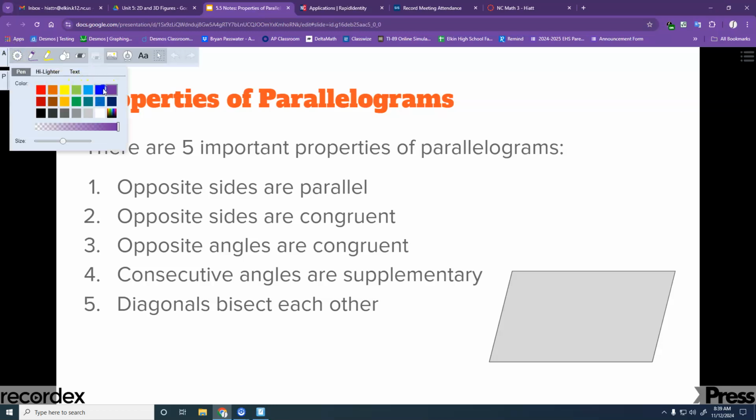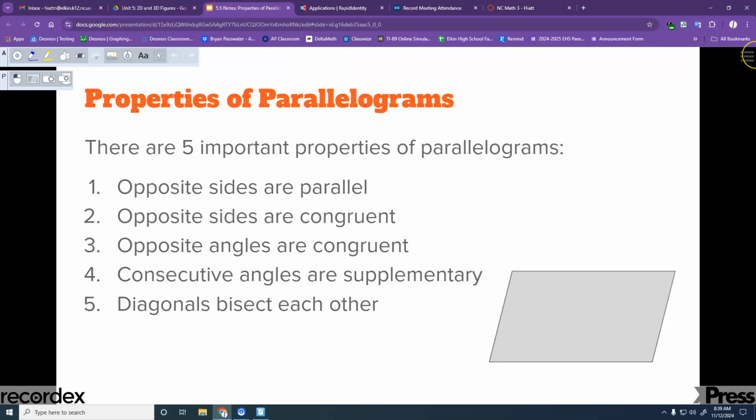All right. So for parallelograms, they are called parallelograms because their opposite sides are parallel. So the symbol that we usually use to show that 2 sides are parallel is we put little arrows there on the side.